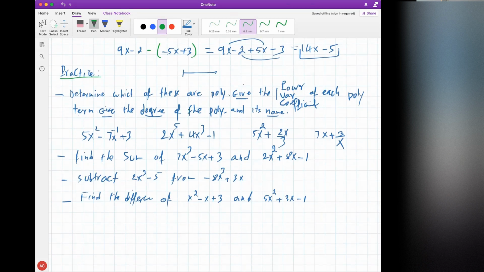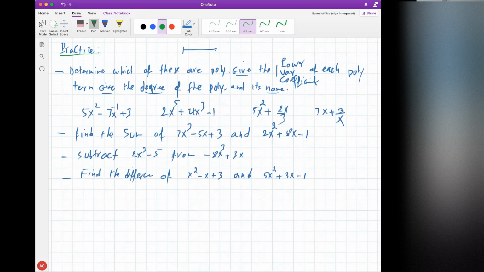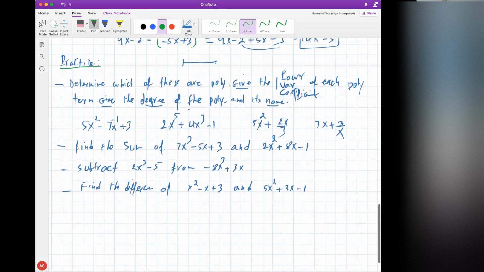All right, so let's go over these problems together, everybody. First, let's determine which ones are polynomials before we start doing the powers and degree. Is this one a polynomial? No, so that's a no. We don't need to do anything else.